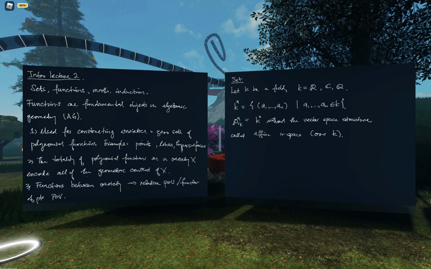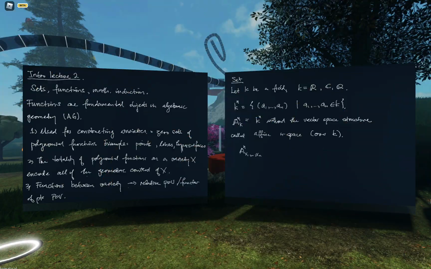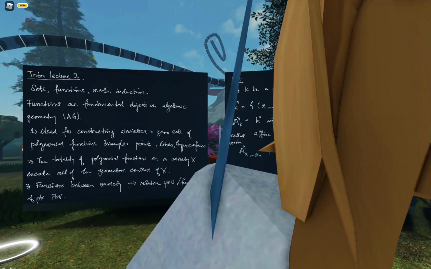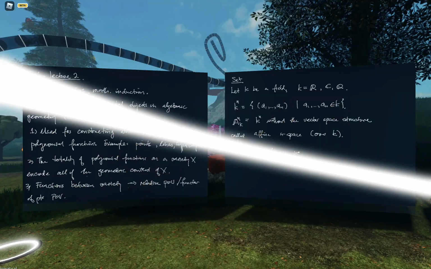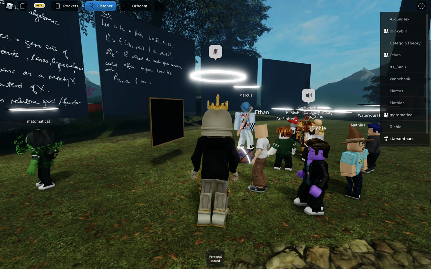Now, sometimes the underlying field K will be understood, and we'll want to refer to the coordinates of this in a kind of notation. This is something I learned from my advisor. So we'll write this if we want or need to label the coordinates.